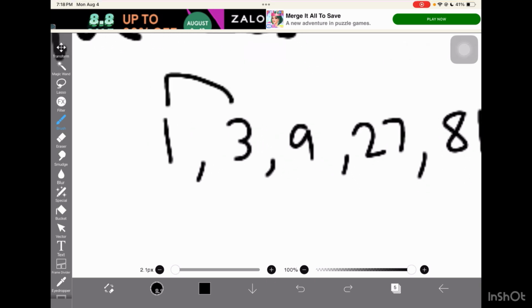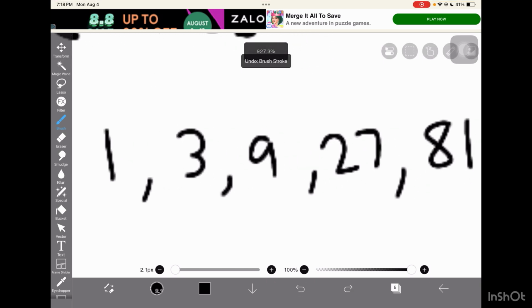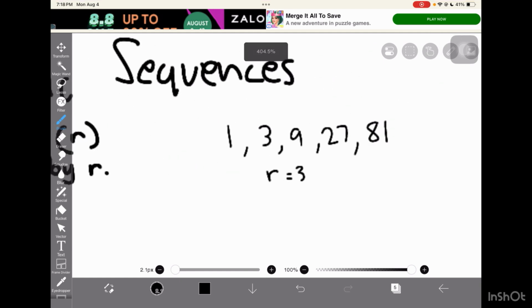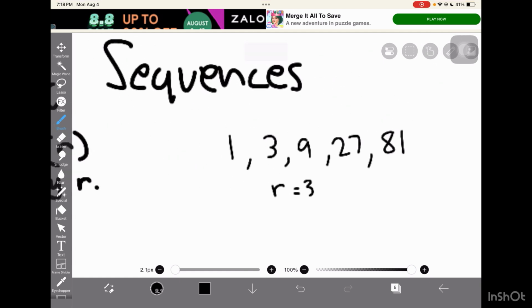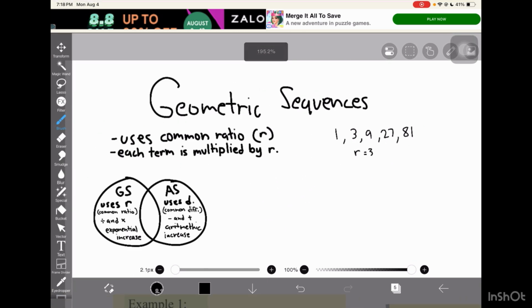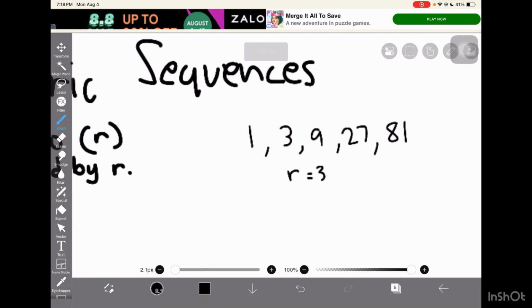So 3 divided by 1 is just 3. 9 divided by 3 is also 3. 27 divided by 9 is also 3. So our r for this one is equal to 3. That's basically how you find the common ratio. It's the fundamental basic you need to know.